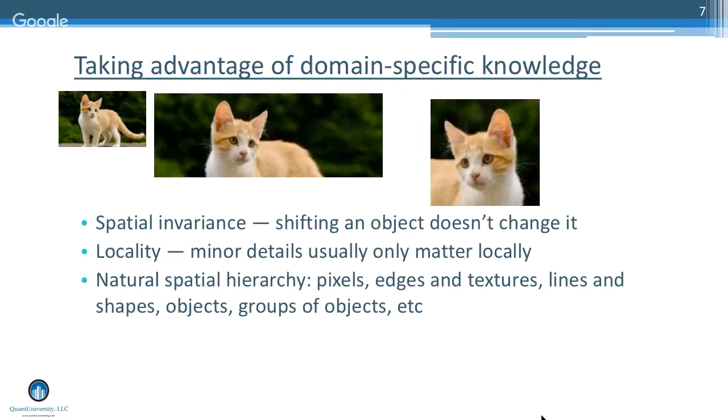So I should be able to do things locally and only then build things up, which comes to the last point: there's this natural spatial hierarchy. I can look at things locally, and then over time build up a bigger picture at a much higher level of abstraction, like the representation point I made earlier this morning. It's much easier for me to understand this as a cat if the things I'm looking at are tails and ears and eyes and whiskers, not 60,000 pixels.